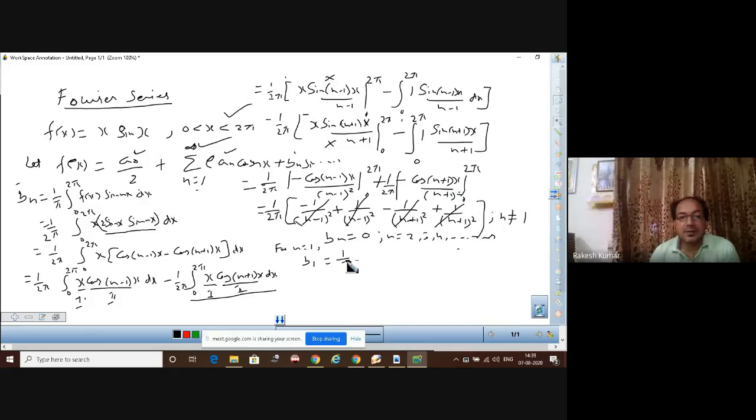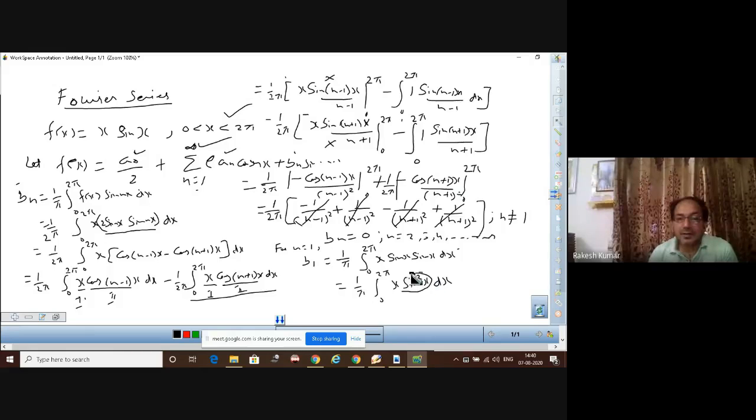So it is 1 upon pi, integral 0 to 2 pi, f(x) is x sine x, and there should be sine nx, but n is 1 in that case, so this is sine x dx. Now what it comes out to be: 0 to 2 pi, that is x sine square x dx. You just need to integrate it.